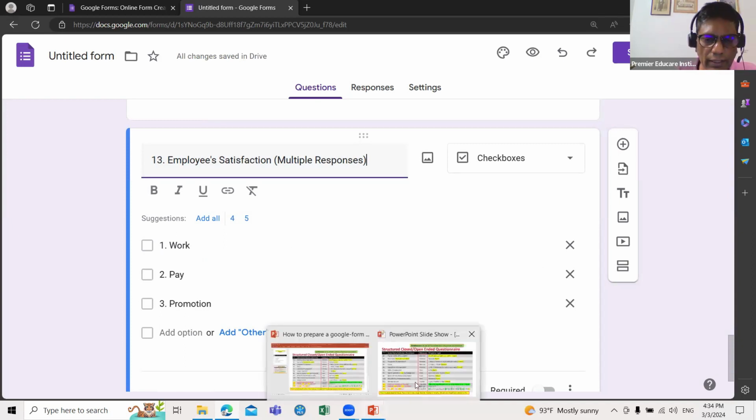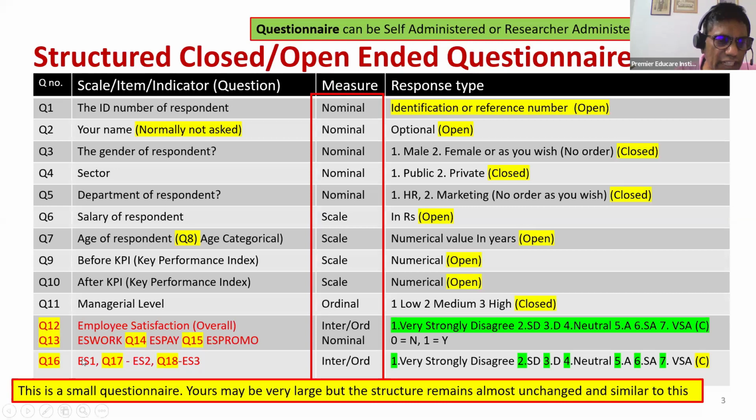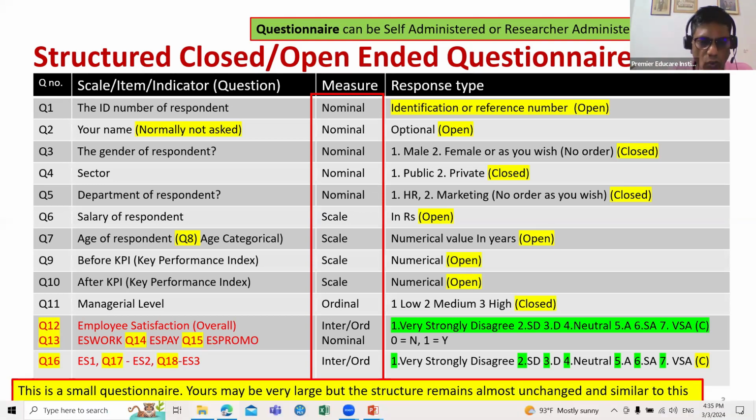So this one is question number 16, 17, 18. What is that? ES1 means employee satisfaction 1. ES2 means employee satisfaction 2. ES3 means employee satisfaction 3. You are measuring by your Likert scale 1 to 7. Okay, let's go.